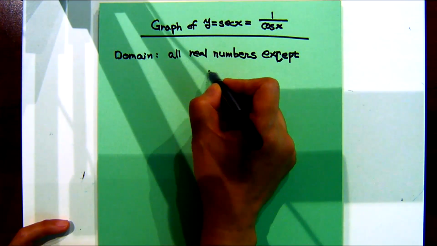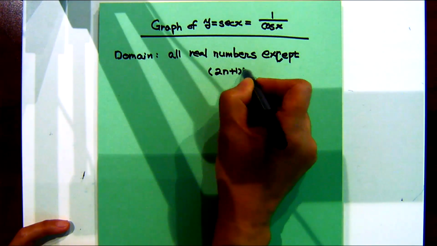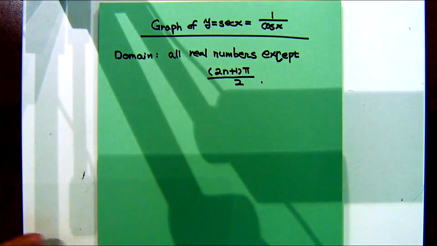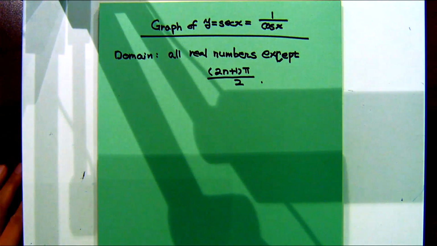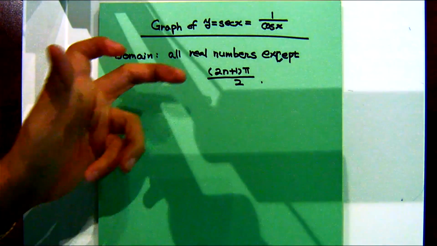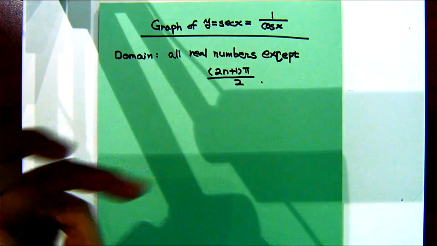Cosine becomes 0 whenever x is an odd multiple of pi over 2. In the unit circle, that's whenever the x value equals 0, which has something to do with the y-axis. So that's the reason it becomes an odd multiple of pi over 2.